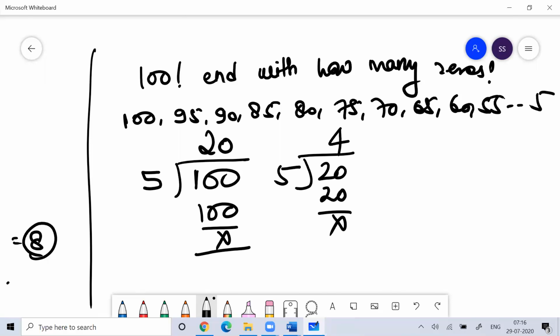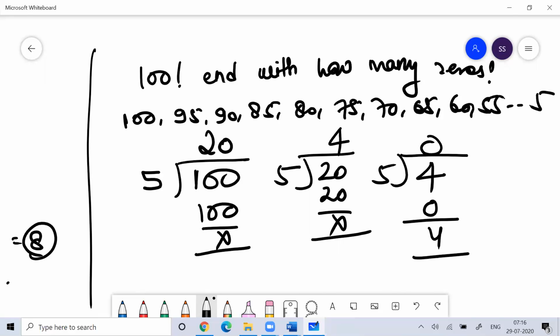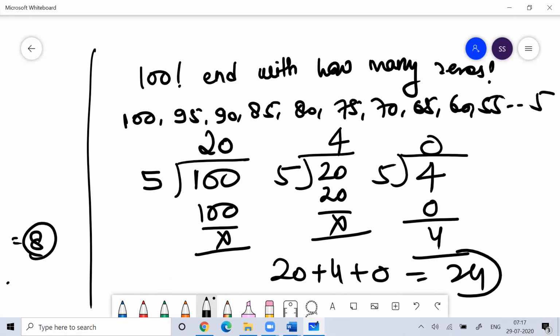You don't need to care about the remainder; you just need to focus on the quotient. Now add all the quotients, and you get the total number of zeros at the end of n factorial. So you can easily understand that part.